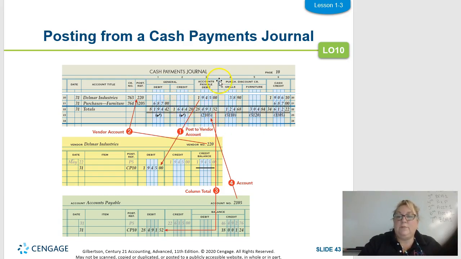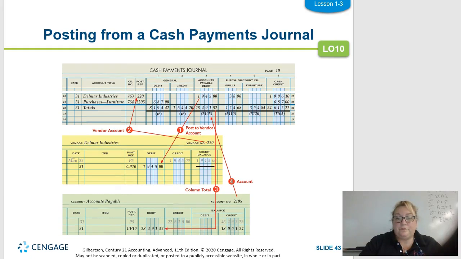I just need to post the ones that have the column accounts, like accounts payable debit, purchase discounts credit, grills and furniture, and then cash. Those are the totals I'm going to post at the end of the month. So individuals weekly, totals at the end of the month. And like I said, that's not a new concept. That's just something that we've always done.